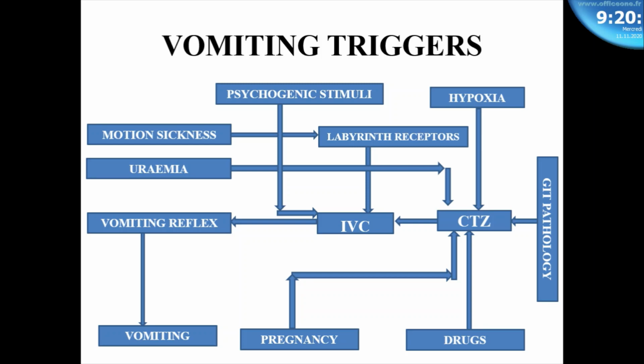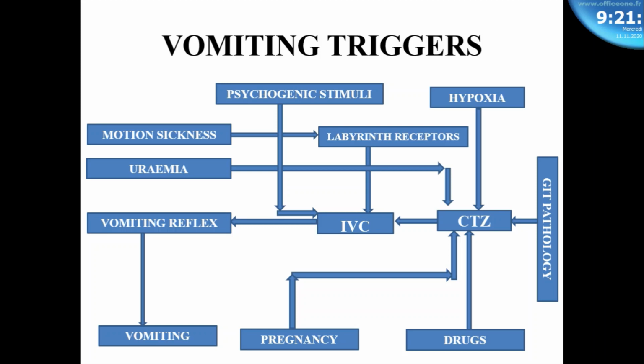Once it is low, it enables chemoreceptor trigger zone to be stimulated, to mean that chemoreceptor trigger zone area postrema is very sensitive to hypoxia, to mean that when your patient is hypoxic, be ready that after a few seconds they are going to vomit. Please let us all prevent and make our patient hypoxia free so that they cannot be exposed to vomiting.